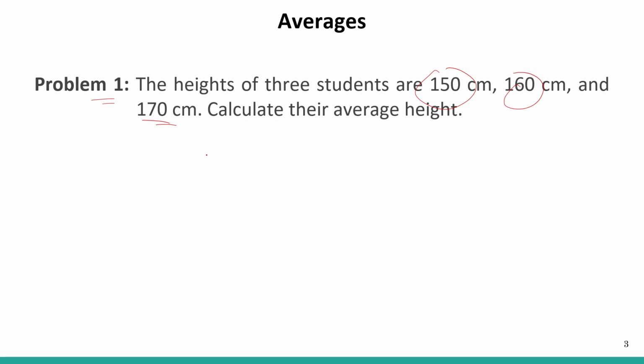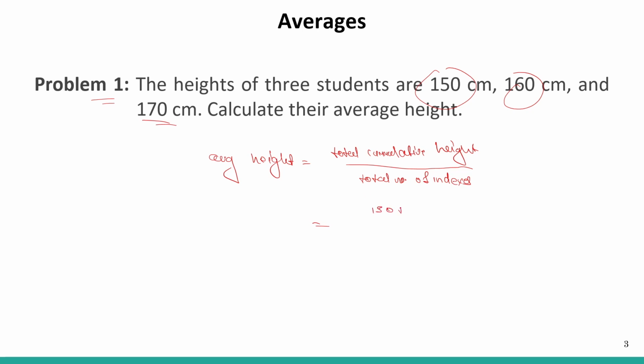We know the formula for average height: average height is the total cumulative height, that is the addition of all the heights, divided by the total number of indexes. That is equal to 150 plus 160 plus 170, whole by 3, right?